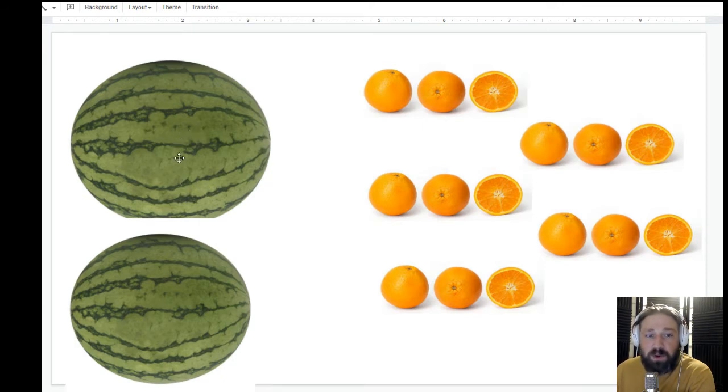Once he knows how many watermelons I have for him, he can then gather up how many oranges he needs to bring. That's kind of what we're going to be talking about here.